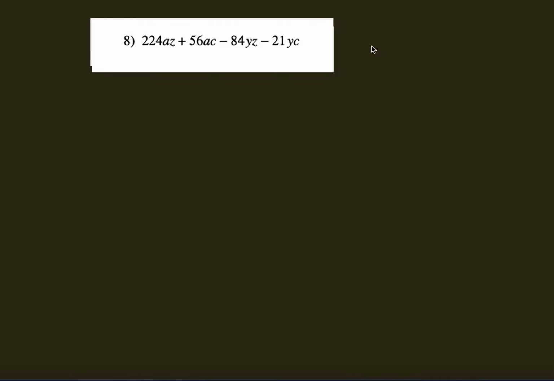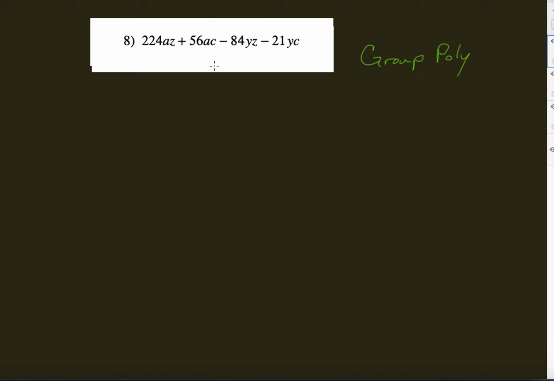So what do we want to do? We want to group our polynomial because we don't have a common factor all the way through, right? No y all the way through, no a all the way through, no c all the way through, and we can't factor out anything.